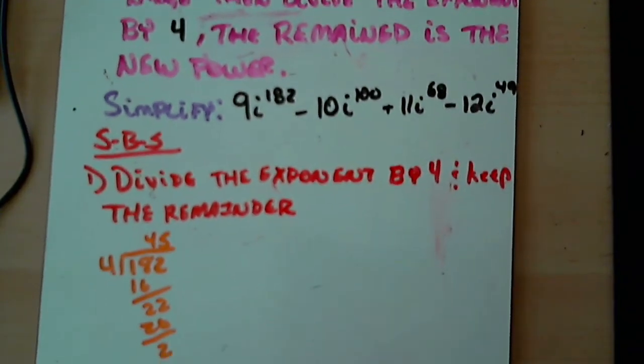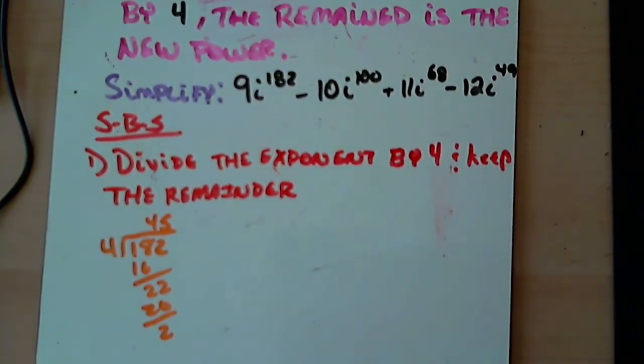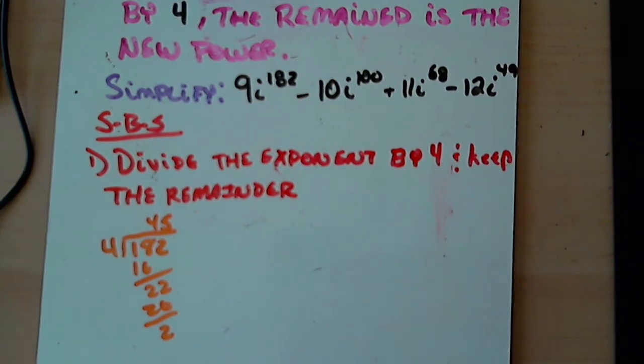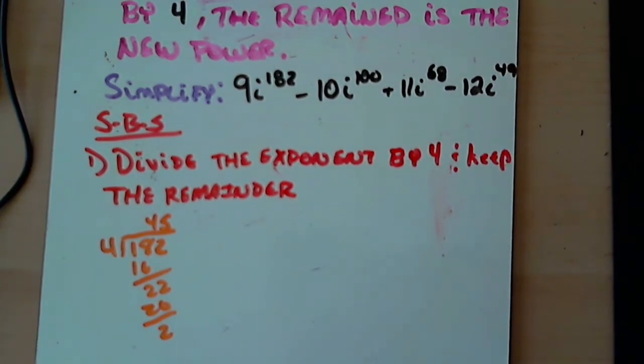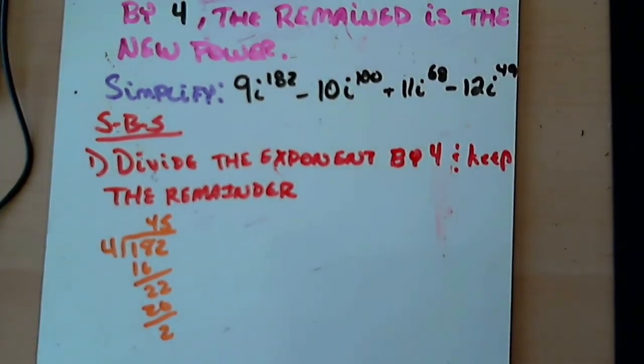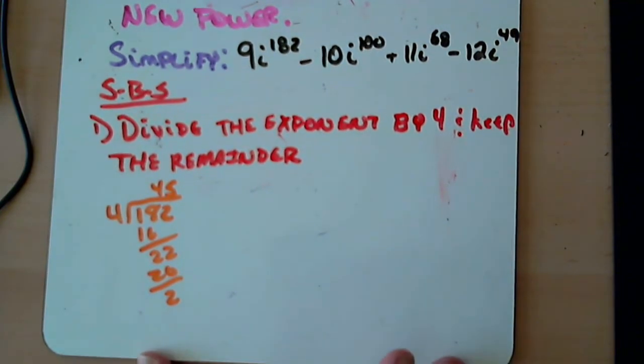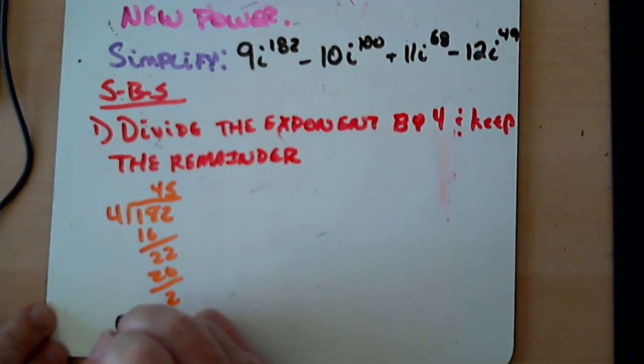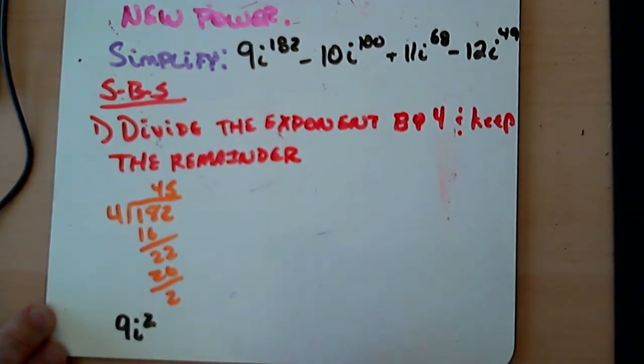All right, I'll keep track of my work down here. Remember what I said: the remainder is the new power. So now we have 9i to the power of 2.